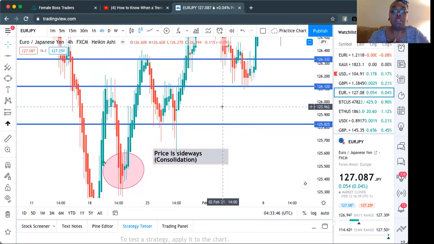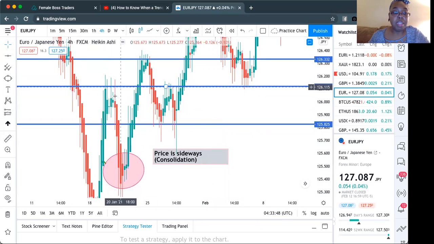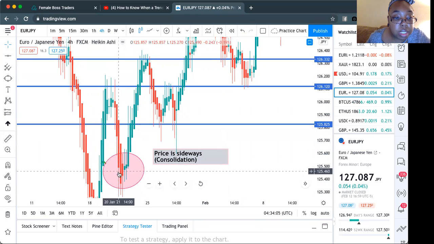So loss of momentum, because you could have caught this, and after that it started going sideways. That is your indication, right in here.